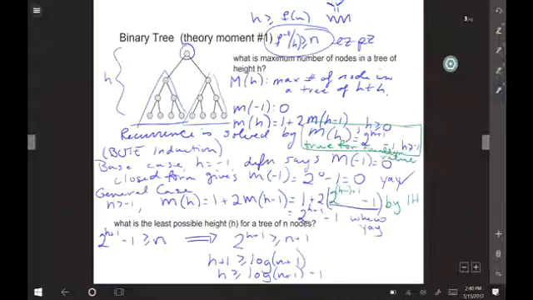Yeah, we're all good so far? Look, blur your eyes a little bit. H is at least log n. Okay, I know there's some other stuff here, but remember we're talking asymptotic behavior.